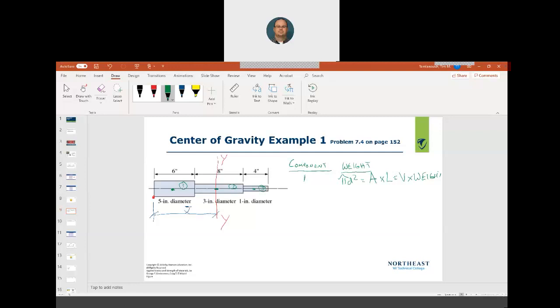So, for component 1, and I'm going to make this nice and neat on the next page: pi times, what do we got here? Diameter is 5. Pi d, I'm sorry, it's pi d squared over 4.